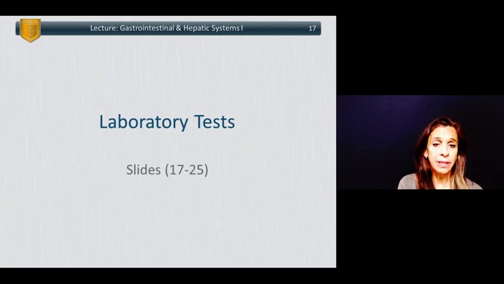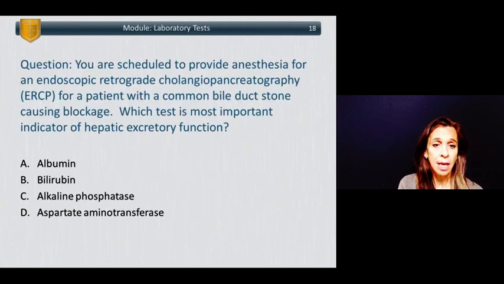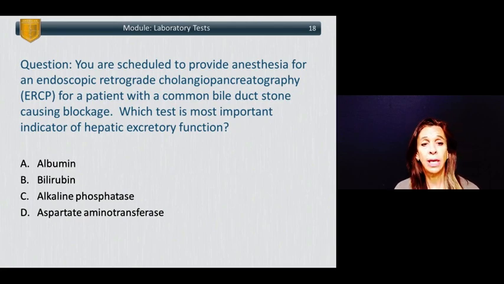Let's talk a little bit about specific laboratory tests. So let's start with a question again. You are scheduled to provide anesthesia for an endoscopic retrograde cholangiopancreatography, better known as an ERCP. No wonder we call it an ERCP.